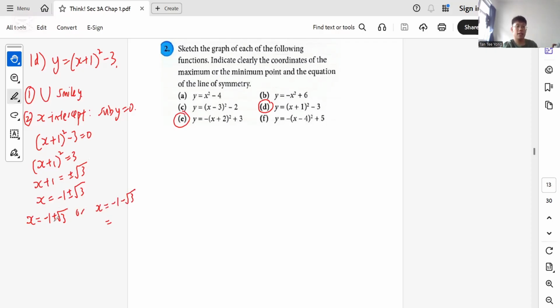So this one I will calculate out. This is 0.732. The other one is -2.73. But to be honest, when you draw the diagram, you can write -1 plus square root 3 and -1 minus square root 3, also no problem.